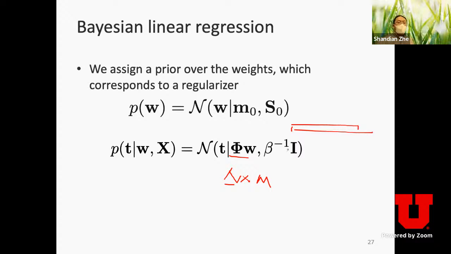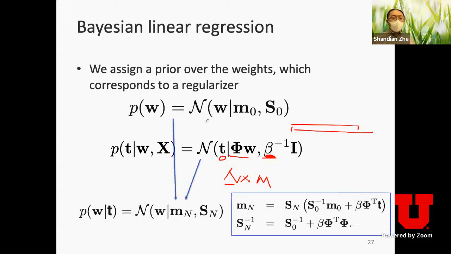Then we multiply with this weight vector, but we assume the observation is not really accurate, because in many real applications the observation is always corrupted by some noise. That's why we use this Gaussian likelihood, and the noise variance is modeled by the inverse variance beta.